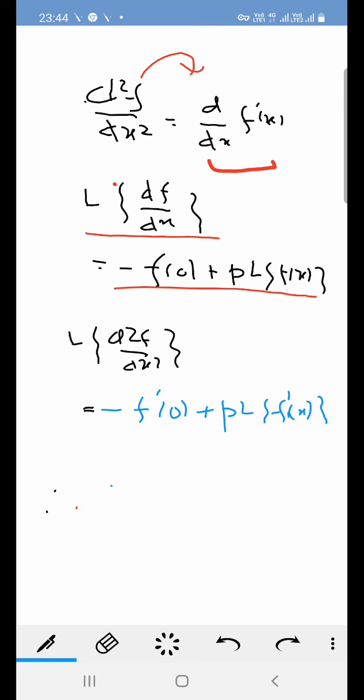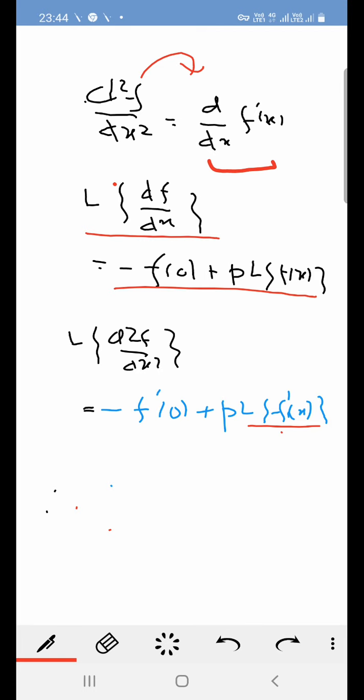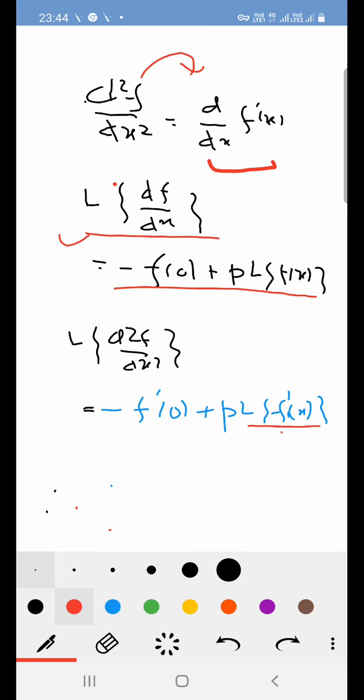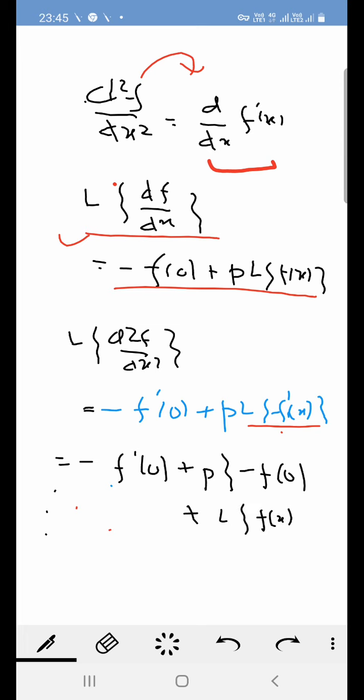So this is, again, we need to expand this expression. We will do it as in this case. So this is again equal to minus f dash 0 plus we take p common into minus f0 plus L of fx.